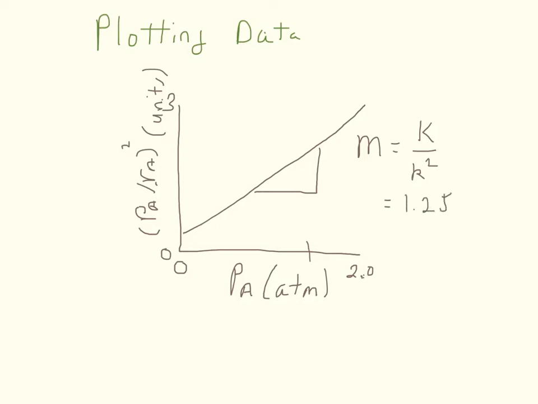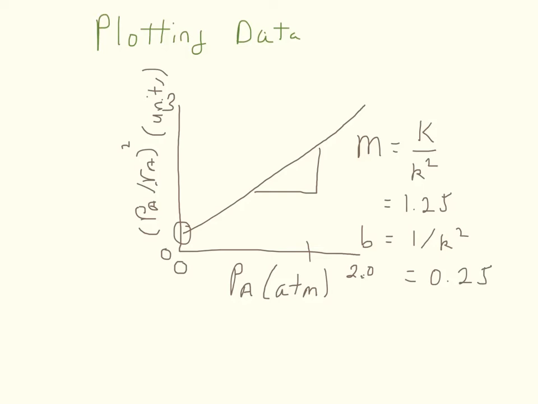We can't calculate k or big K independently yet, but the intercept was 1 over k squared, and it is found here, and it's roughly 0.25.